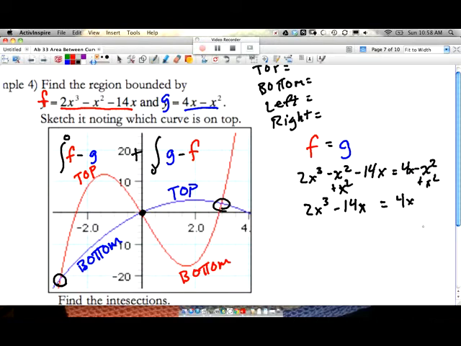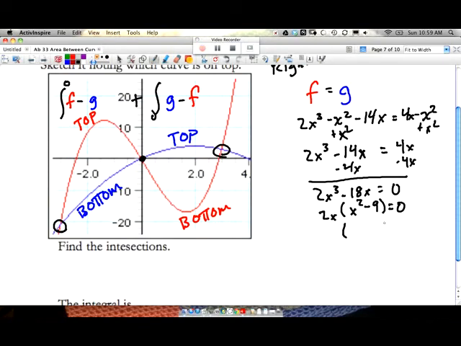A couple things I can do. Let's go ahead and combine this 4x with the other x on the other side. That would give me 2x cubed minus 18x equals 0. At this point, I could divide both by 2 or even factor out a 2x. I'd be left with x squared minus 9. So now I'm going to have 3 factors because this is a difference of squares. The square root of 9 is 3, so that's going to be x plus 3 and x minus 3.